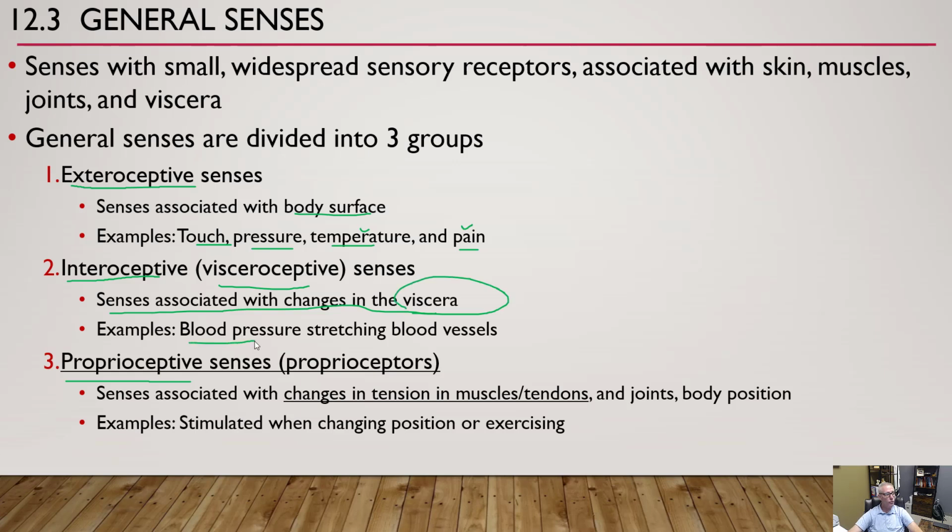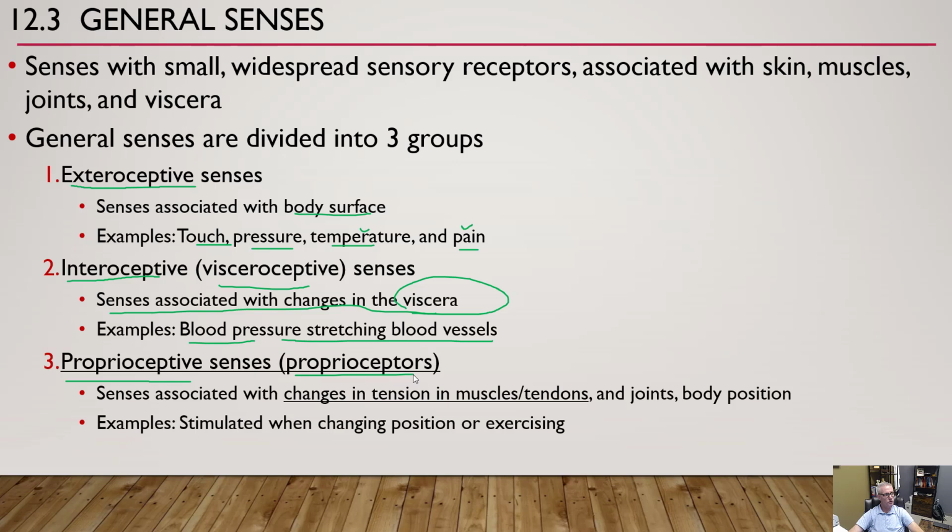Blood pressure, stretching our blood vessels. Remember, we have that elastic tissue, that elastin connected to our arterial walls that help vasodilate and vasoconstrict to accommodate blood volume changes, blood pressure changes.